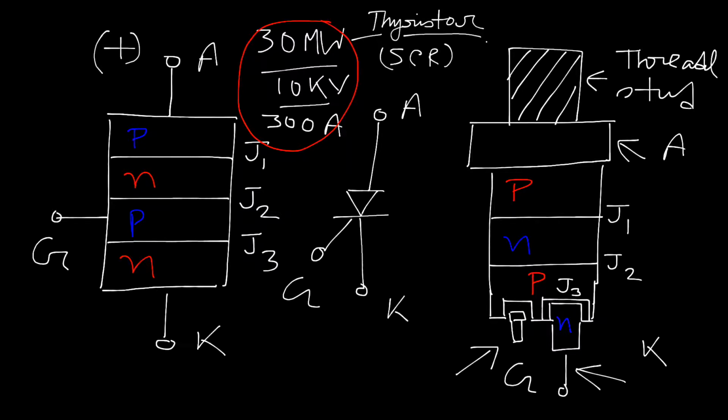Suppose we are increasing the voltage. Suppose at first we apply 50 volt. Now we increase the biasing voltage from 50 volt to 100 volt. Then the leakage current tends to increase. Suppose again we increase the voltage to a huge value, suppose 400 volt. That depends on the specification of the device.